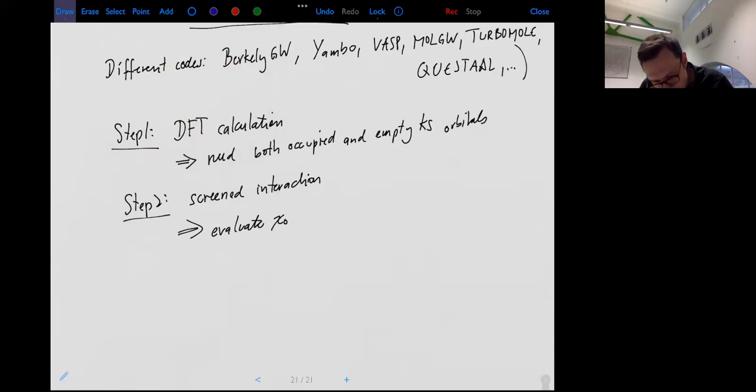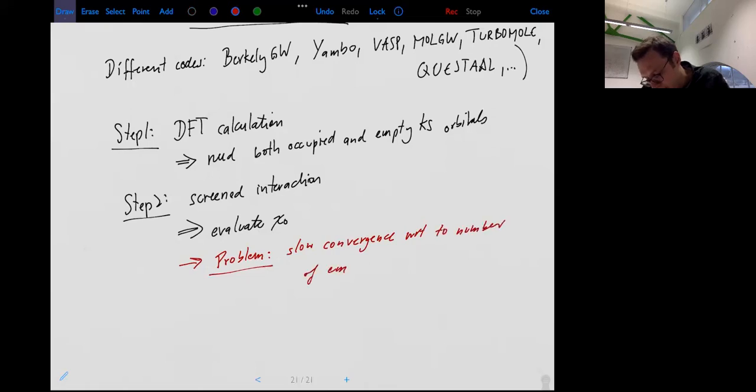And again, you could run into the problem that you encounter slow convergence with respect to the number of empty states. But that's the first step.